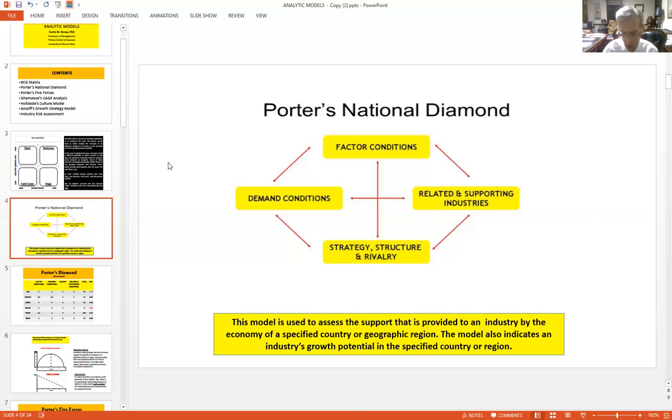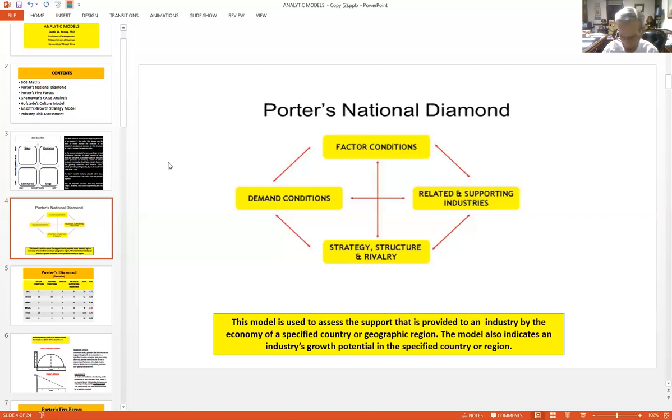So we really need to look at an industry in the particular country. Remember, this is all about one country. Does this country have a high loading on these variables, these drivers?